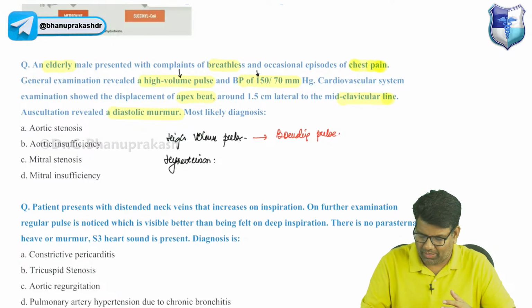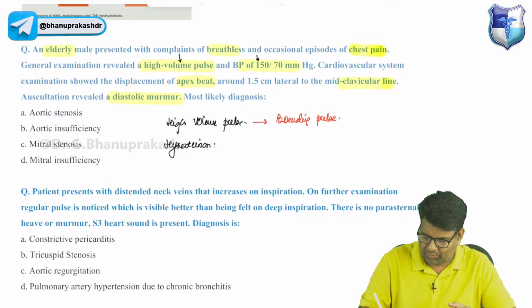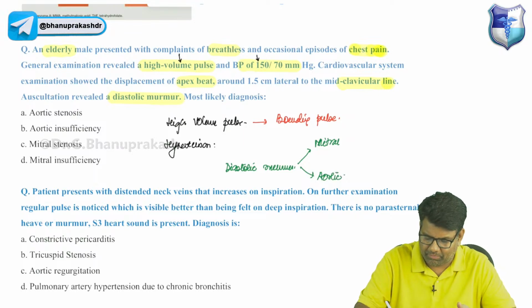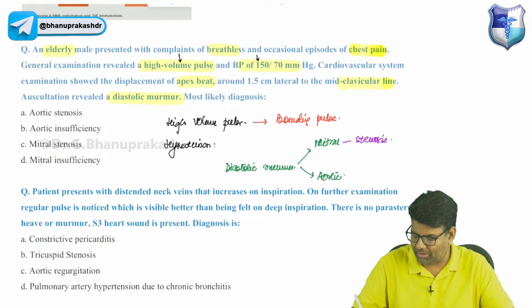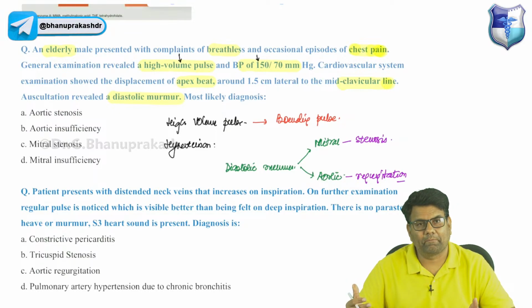So this is high volume pulse, and whenever we are discussing diastolic murmur, you can make out two conditions. Diastolic murmurs can be because of mitral valve pathology, or aortic valve pathology as well. If there is stenosis of the mitral valve, we have a diastolic murmur. If there is regurgitation of the aortic valve, we will have it too.